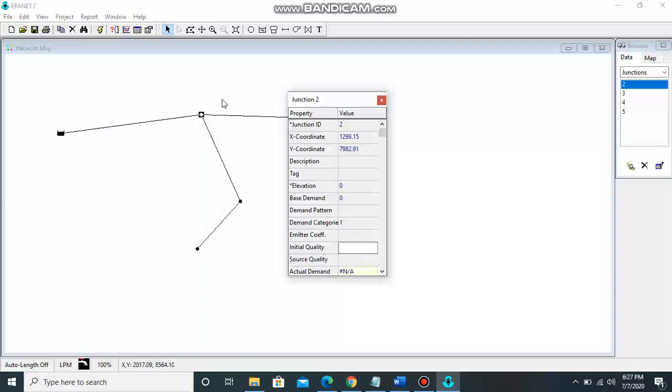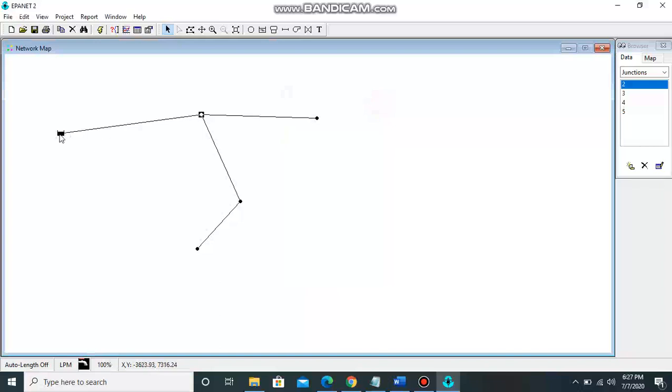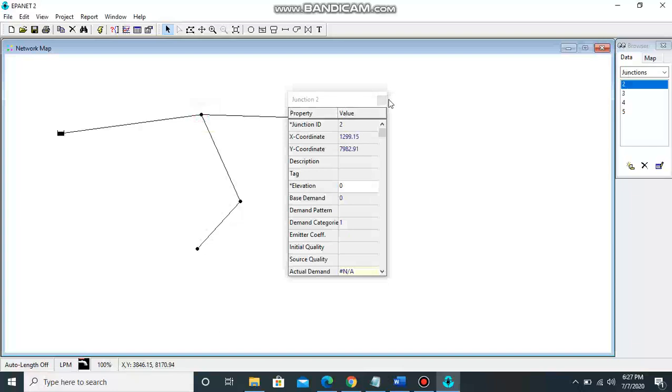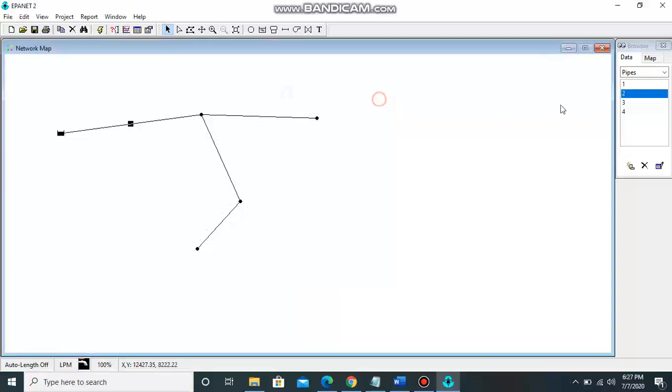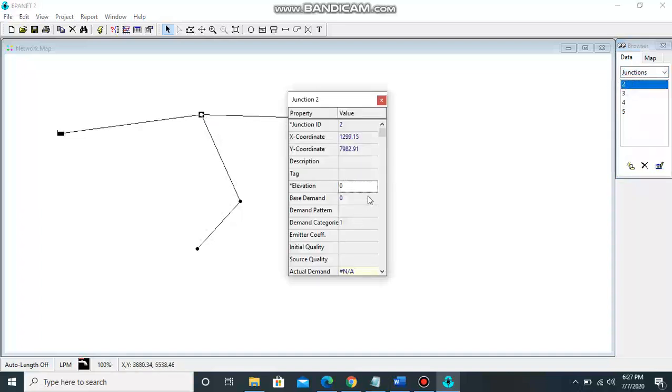For example, the elevation of junction 2: you can click here in the browser, junction 2. Let's say this is 120 elevation, so the base demand in liters per minute, let's say 2200 liters per minute.